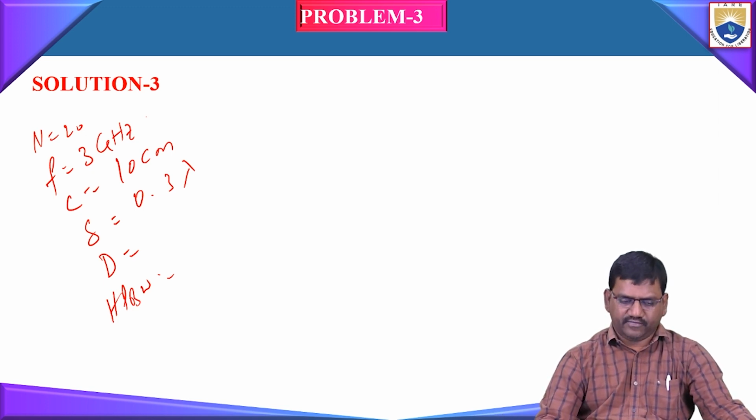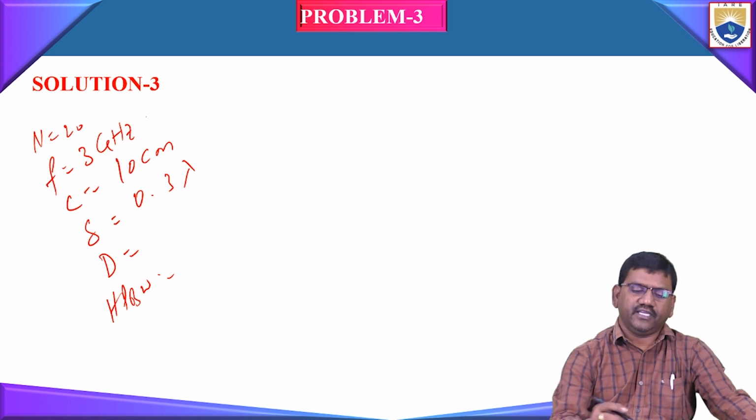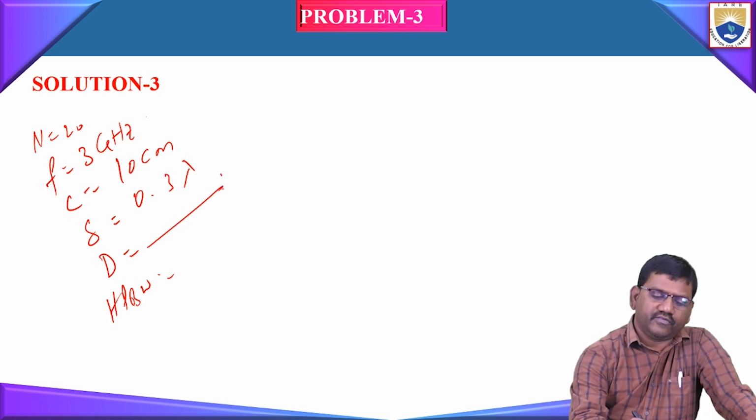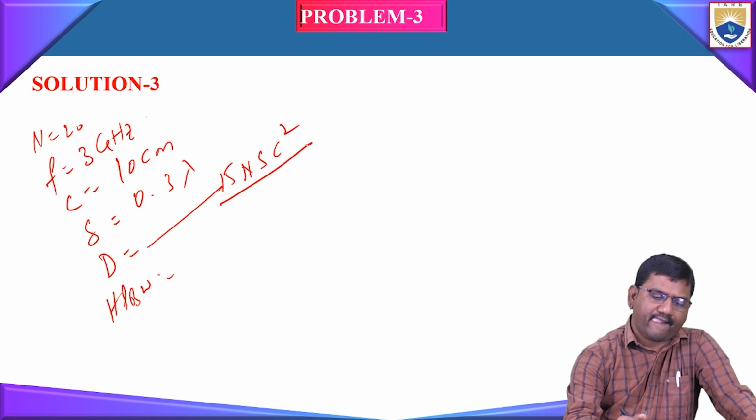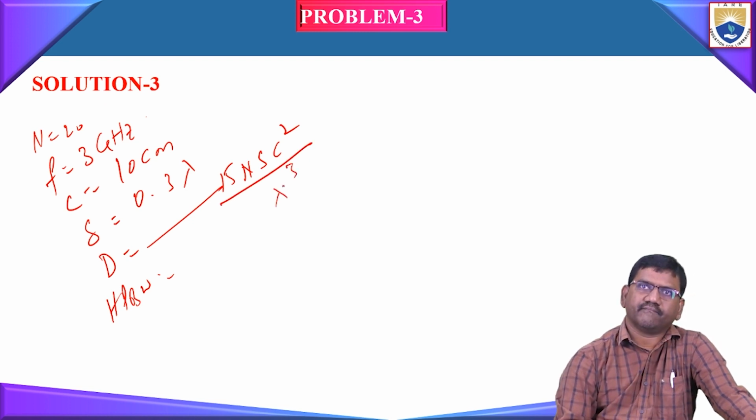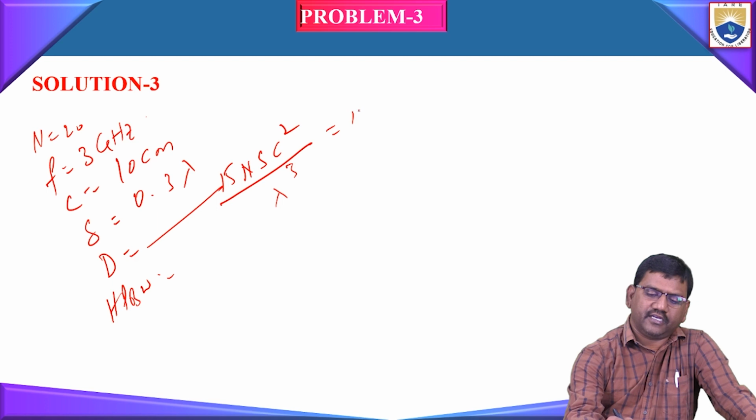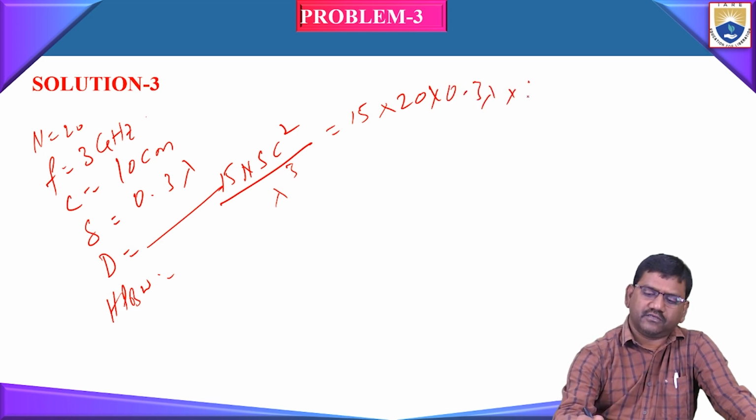The formula for directivity is given by 15 N S C squared by lambda cubed. If we simplify this, you will get 15 into the N value, which is 20 here, the spacing given as 0.3 lambda, into C squared, which is 10 into 10 power minus 2 whole squared.